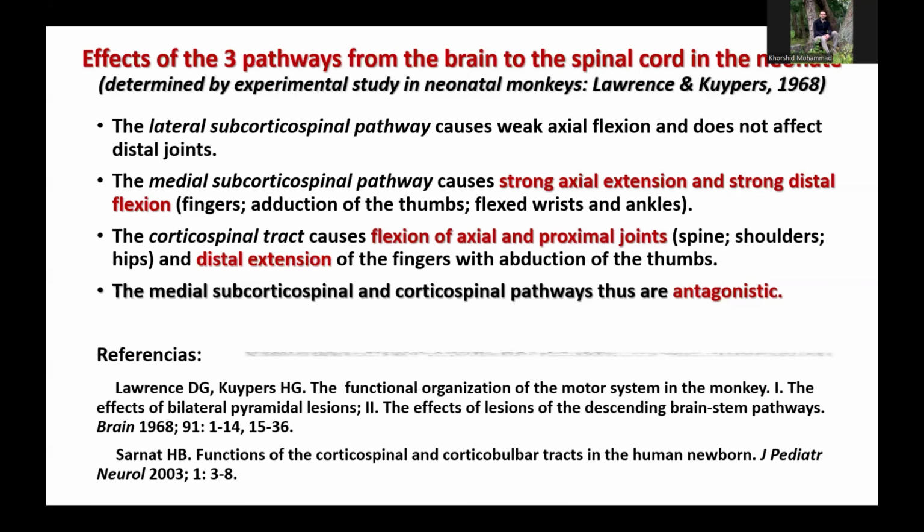The corticospinal tract causes just the opposite. It causes flexion of axial and proximal joints and distal extension. And so the important point to remember here is that the medial subcorticospinal and the corticospinal pathways are antagonistic to each other.